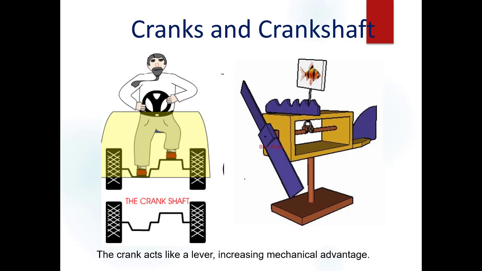However, the big difference here is the crank and crankshaft converts up and down motion into rotary. The camshaft and the follower converts rotary motion into up and down. It cannot convert up and down motion into rotary motion. So that's a big advantage of the crank and crankshaft over the cam and follower.